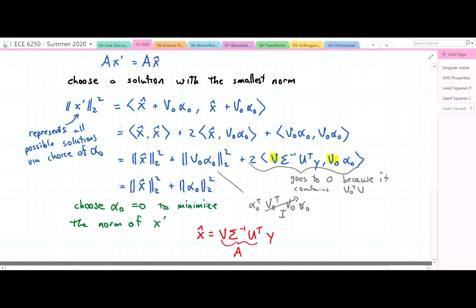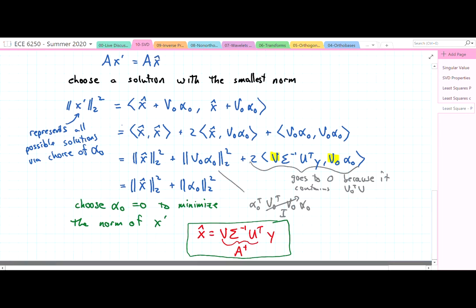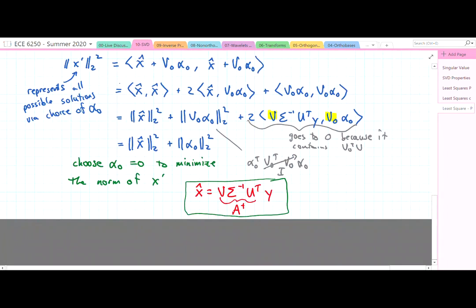Remember, this is A dagger as our solution. And the nice thing about this solution was it minimized the residual, and it also minimizes the norm of the solution itself. So we have the smallest value of x that actually solves this system.